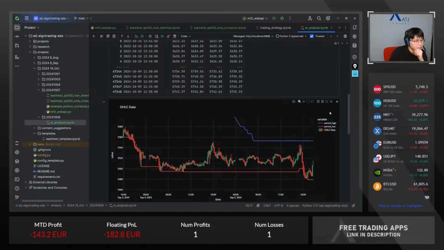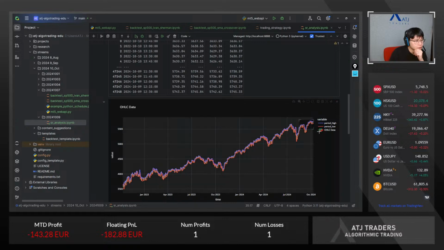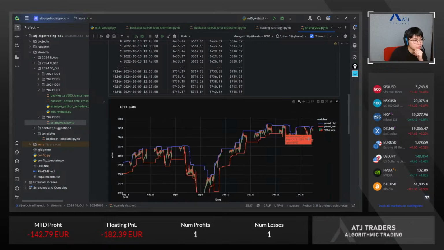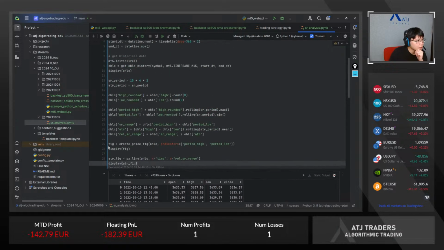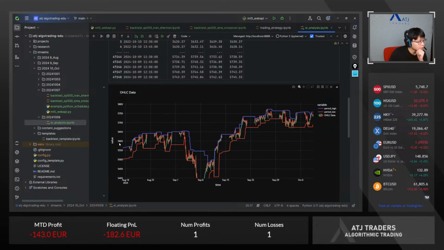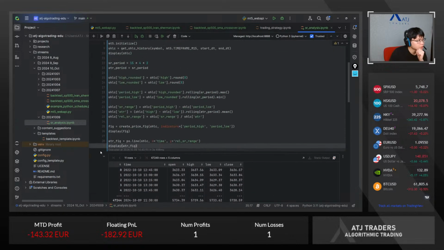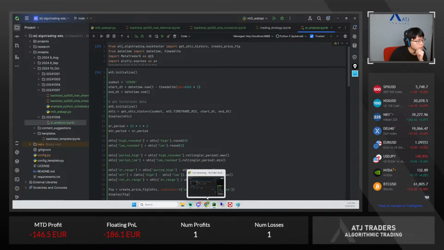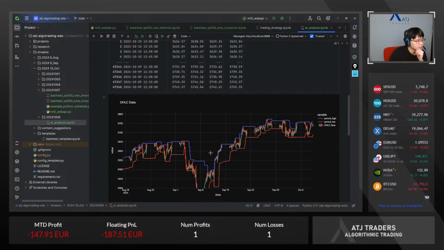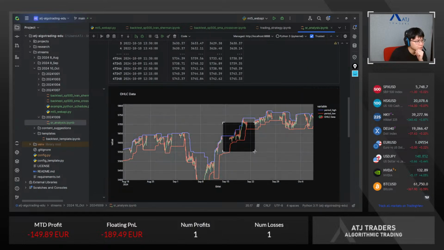So now you can stick with this rounding, or I can round it to, I think one decimal place is good enough.